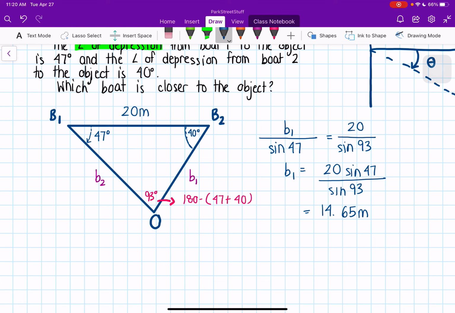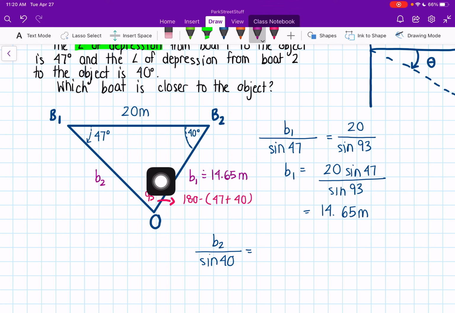Now let's work out b2's distance. So we're going to say b2 over sine of 40 is equal to. Even though I have figured out b1, which is approximately 14.65, I don't want to use my b1 over sine of 47, because if I've made a mistake in calculating this, I'm going to carry that mistake down.